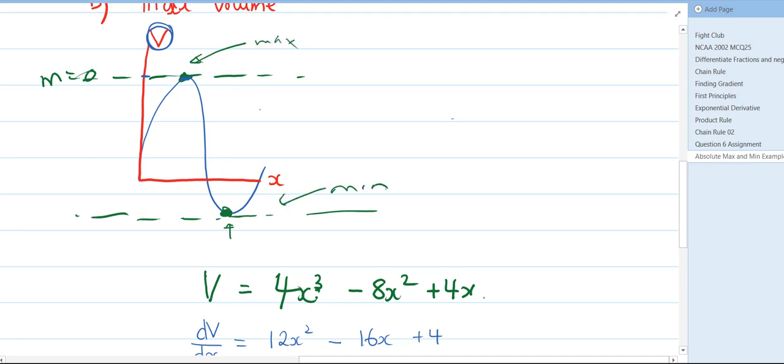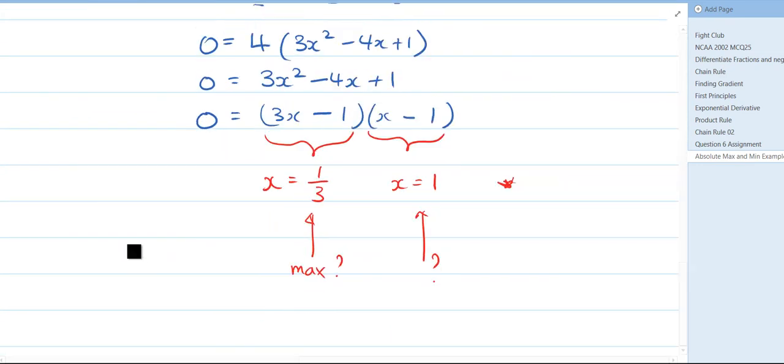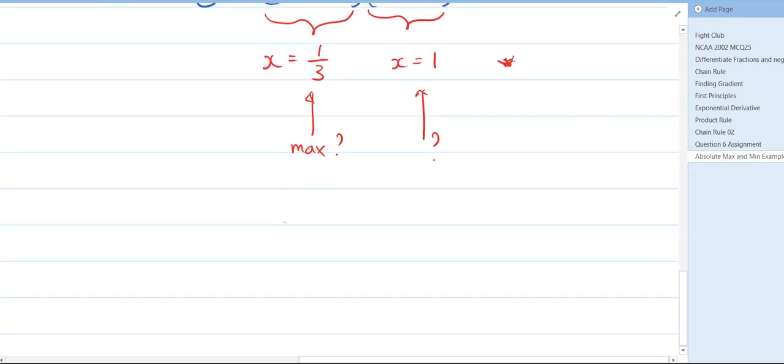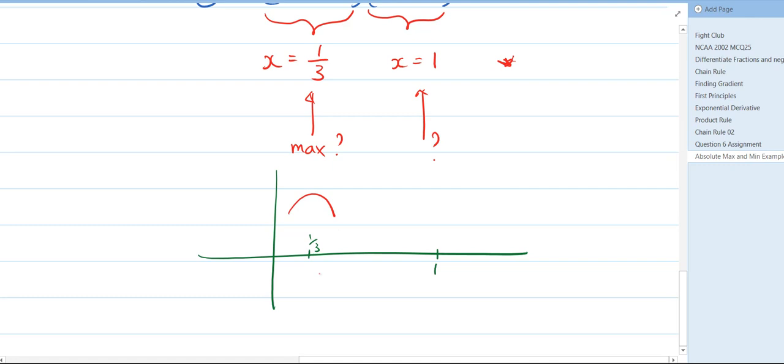However, if I didn't draw that diagram for you and you just found the derivative, then you would have just found out that at x equals 1/3 and at x equals 1, we've got a stationary point. Now, the question is, is that stationary point a maximum, or a minimum, or a point of inflection at these points? I don't know.